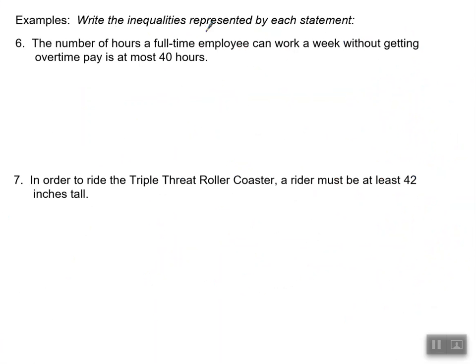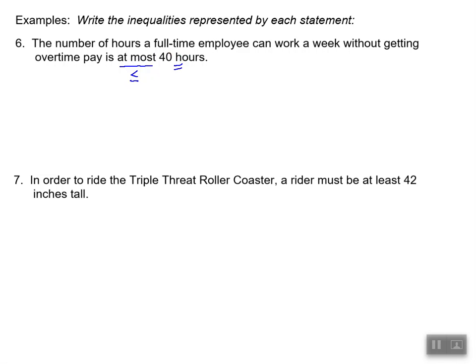Let's write the inequalities that are represented by these statements. Number 6, the number of hours a full-time employee can work each week without getting overtime pay is at most 40 hours. Remember that at most is a less than or equal to. We can't get greater than 40 hours. We can only be at most 40 hours.